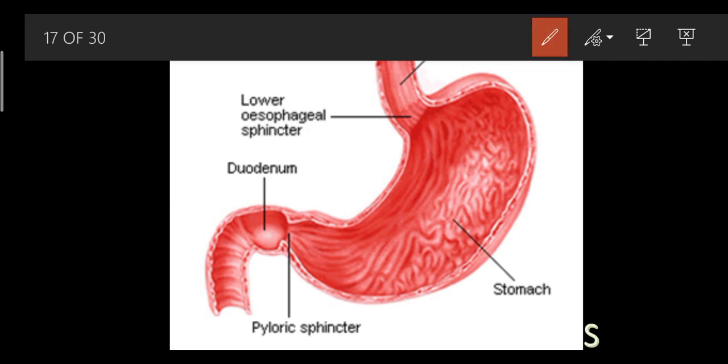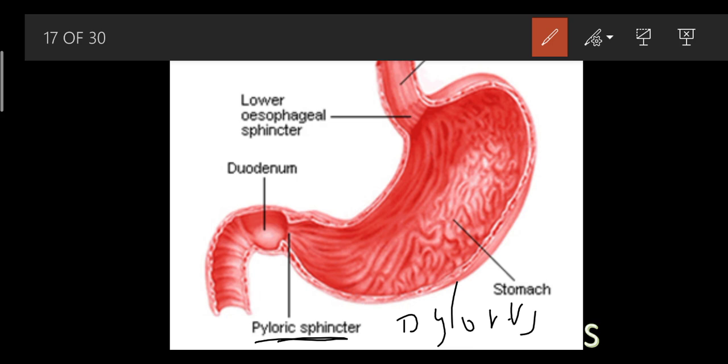And there is one more sphincter muscle which is called the pyloric. In your text, you will see they have written the word pylorus. Pylorus and pyloric are one and the same. This pylorus muscle is present at the opening of the stomach into the intestine.